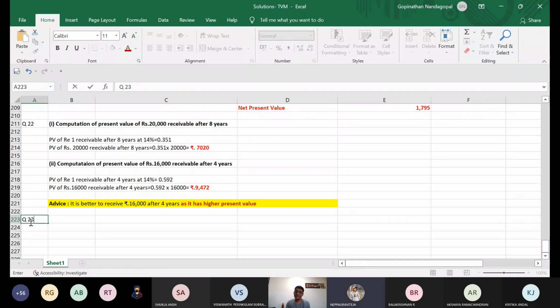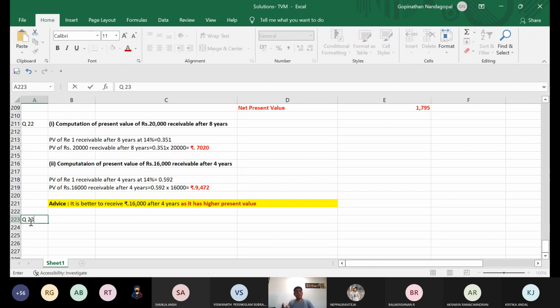Read the problem: receive 20,000 after 8 years from now. So the present value of the 20,000 you're going to receive after 8 years is 7,020. Got my point? Yes, sir.